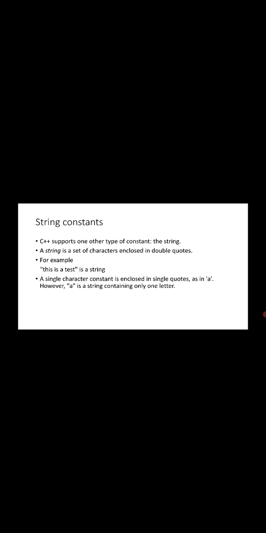An example is being given here. This is a text enclosed in double quotation is a string. Anything which is enclosed in double quotes is called a string constant in C++.